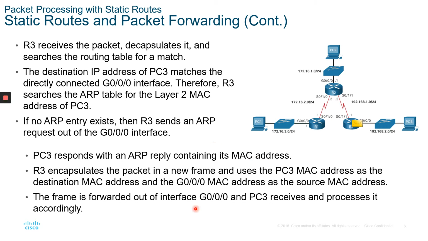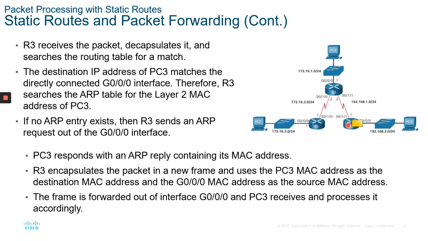Now, as you know, each device has something called an ARP table. The ARP table contains the MAC addresses and also the IP addresses. It's a mapping table where you have the IP addresses and the matching MAC addresses. R3 is now going to look for the matching MAC address in that table.